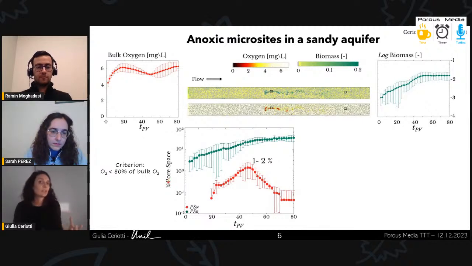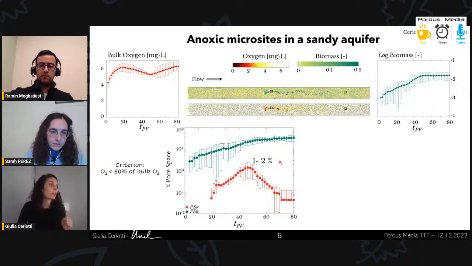For example, denitrification is known to be triggered also at quite high concentrations of oxygen. Even though I use this quite mild threshold, the total amount of anoxic microsites that I see in my space is around 1–2% of the pore space. So it's clearly a minority of the entire pore space.